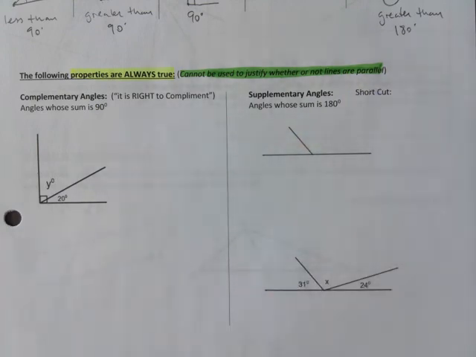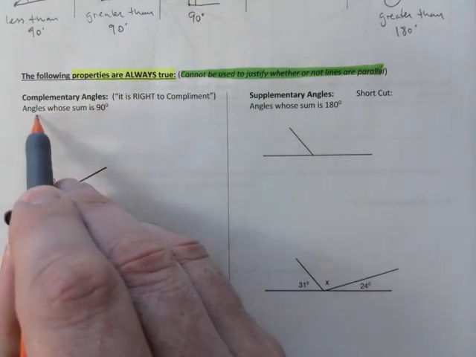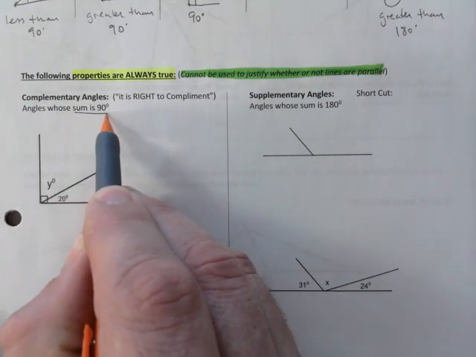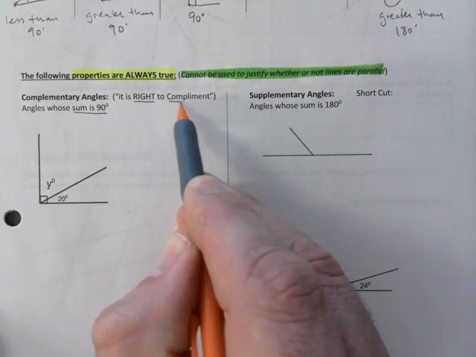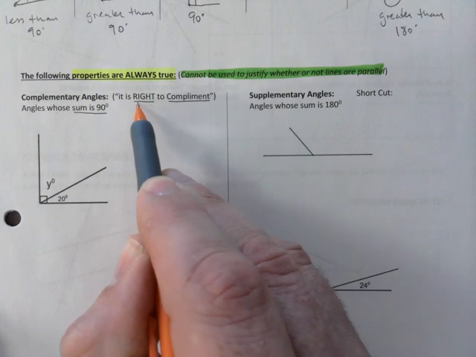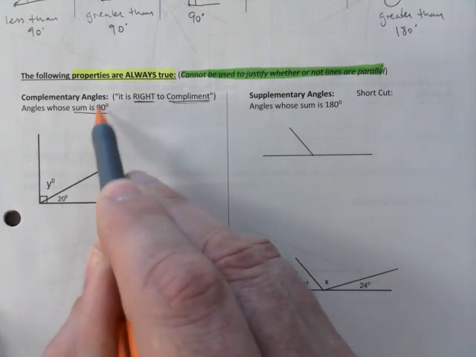But when you just want to find missing angles, right? Complementary angles, angles whose sum is 90, and a way to remember is it's right to complement someone, right? It's the right thing to do to complement someone, so that reminds you that it's a 90.